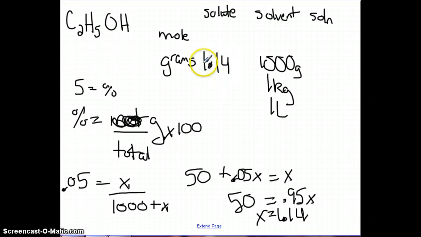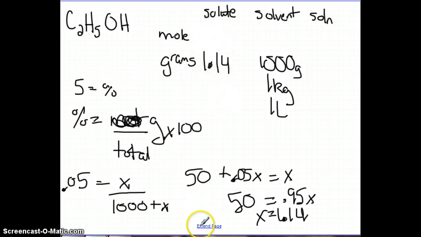Now we're going to take our 1.14 grams and convert it to moles.